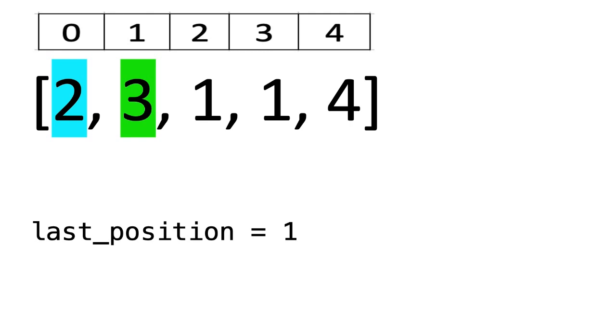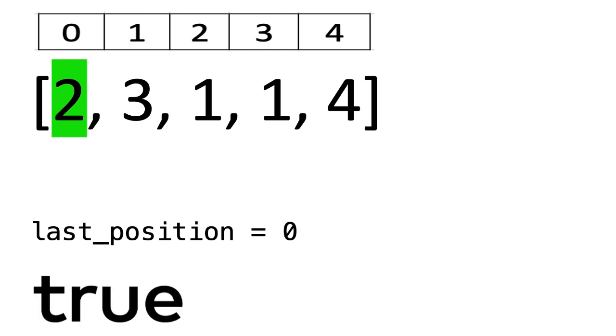We will check if 0 plus 2 is greater than or equal to 1. In this case, it is true, so we will again decrement the last position. Now we have iterated all the elements and our last position is equal to 0. If the last position is equal to 0, we will return true.